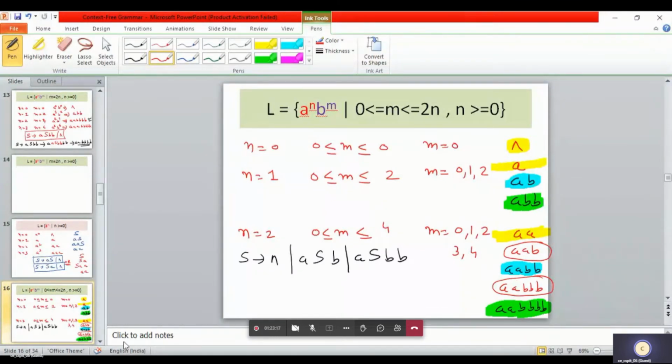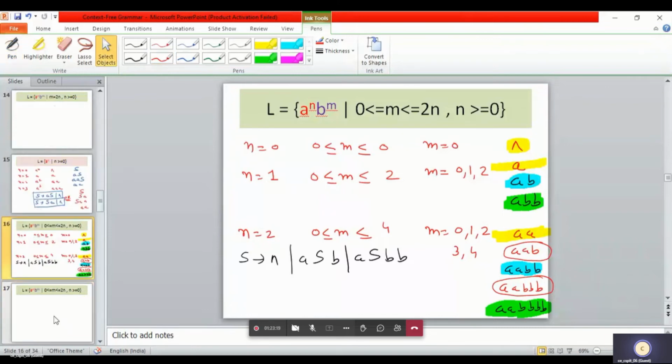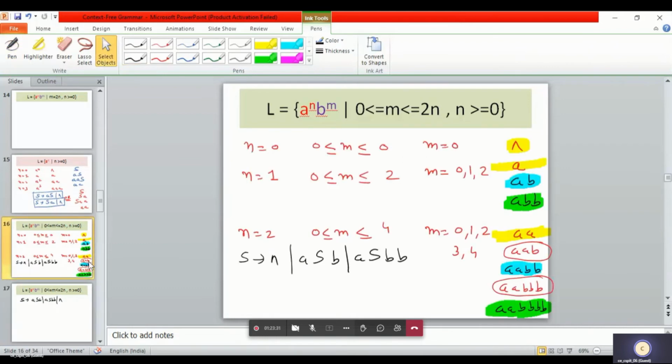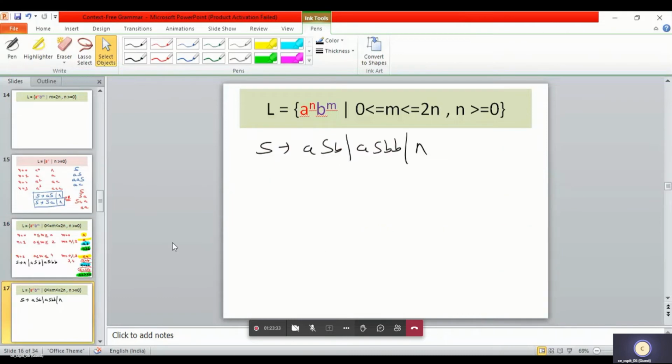So now let us focus on these 3. We have this grammar which we have already written from the previous slide: A, S, B, A, S, double B, or null. This is what we are writing. And now we have to focus on these 3.